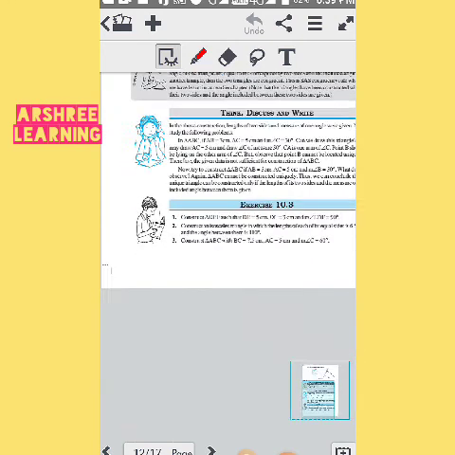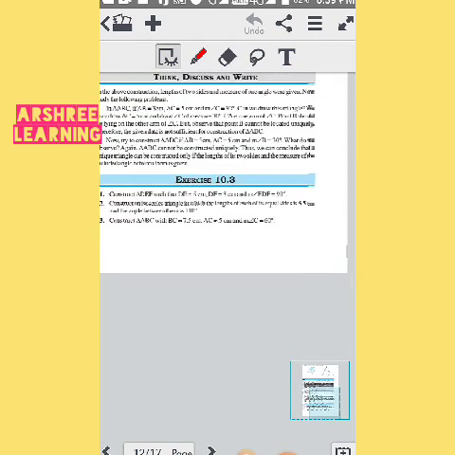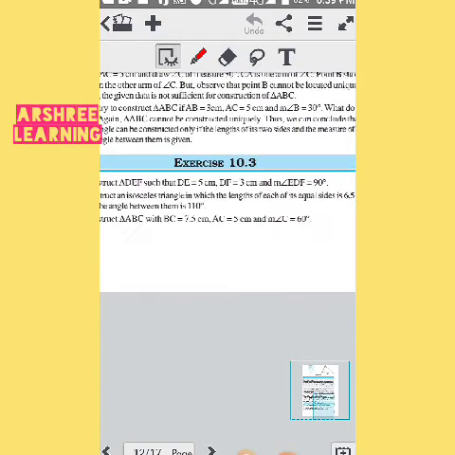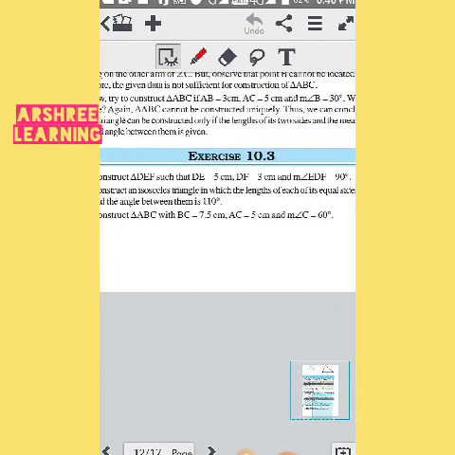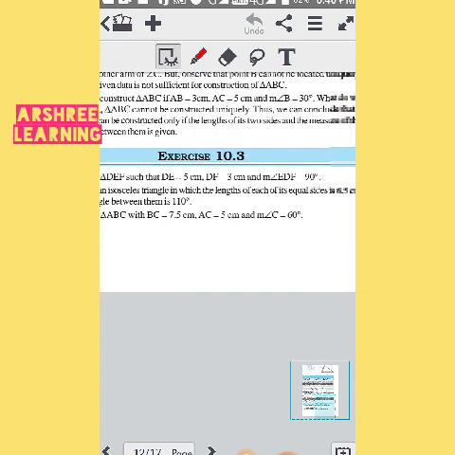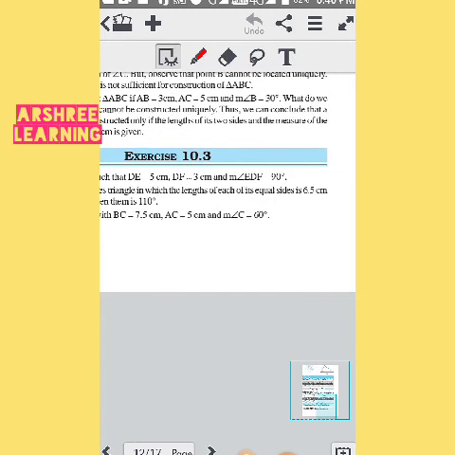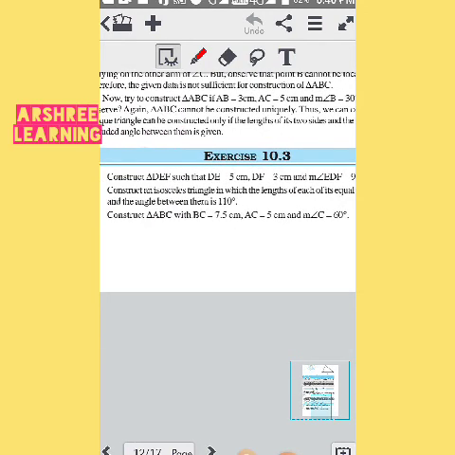Now in exercise 10.5 there is construction of triangle. There is an isosceles triangle in which the length of each equal side is 6.5 and the angle between them is 110. So you have to construct an isosceles triangle.